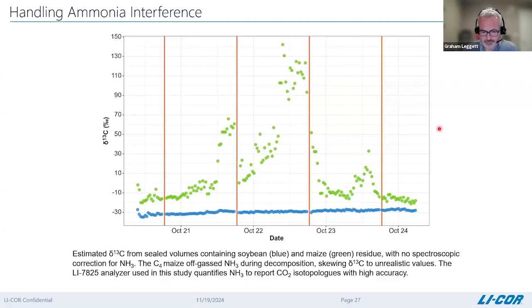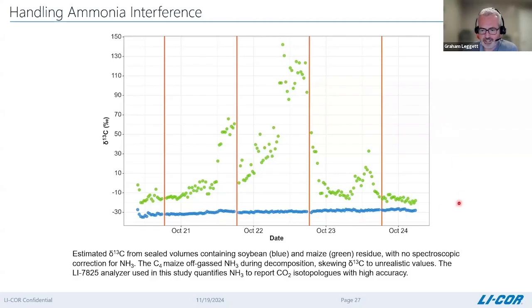And what you can see is that during decomposition of the soybean, there's no release of ammonia, and so the observed delta is consistent and reliable. But during decomposition of the C4 maize, you're getting off-gassing of ammonia, and that's skewing the delta 13C to wildly unreliable values, right up to over delta 13C of 130 per mil.